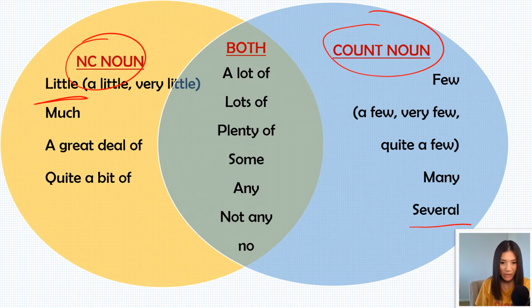Friends is a count noun, and I can only use the word several with count nouns. In the middle, in the green, I can use it for both. I can say I have a lot of time. Time is a non-count, or I have a lot of friends, which is count. So even though this is not an exclusive list, these are some common quantifiers that you can use for count nouns, non-count nouns, or for both.